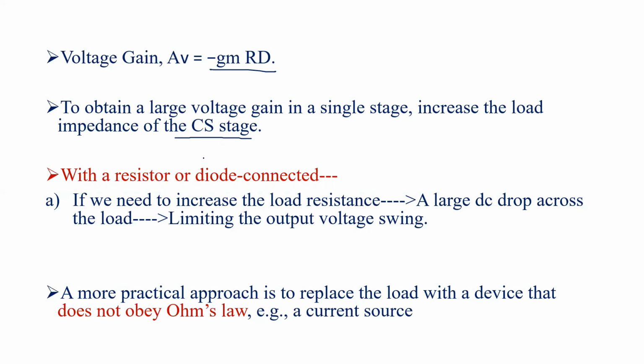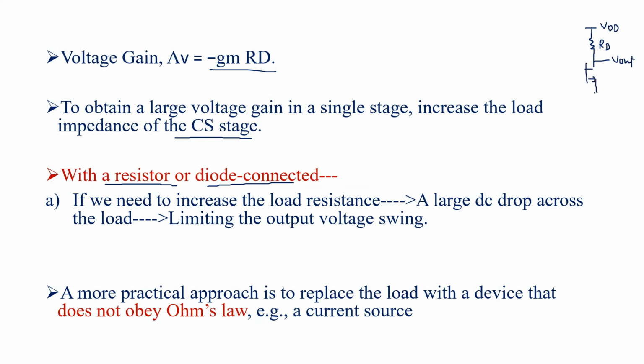But what are the disadvantages of increasing RD? I have mentioned here the resistive load or the diode connected load. If we need to increase the load resistance, a large DC drop across the load will appear. Means if this is your RD and I am thinking to increase it again, then gain can be increased only when this RD is increasing.